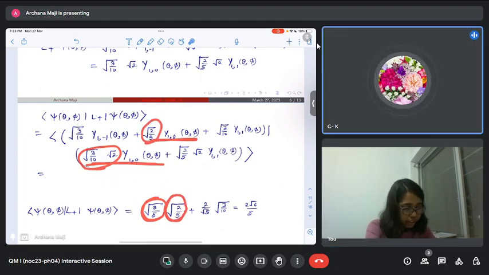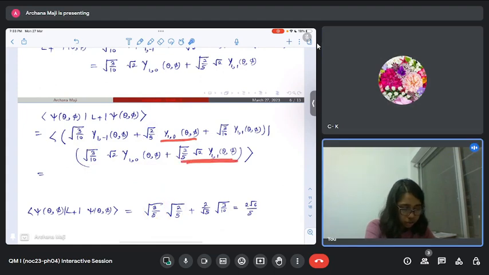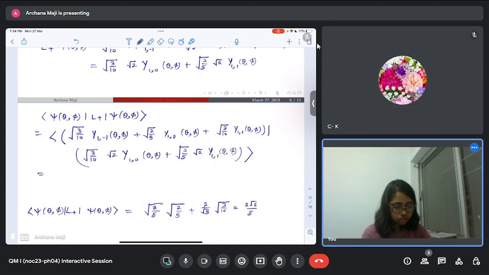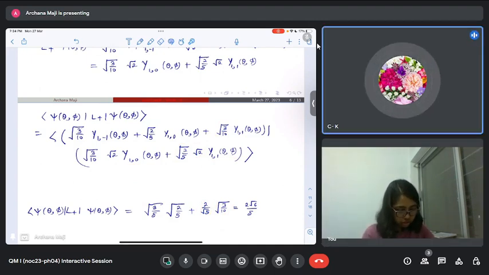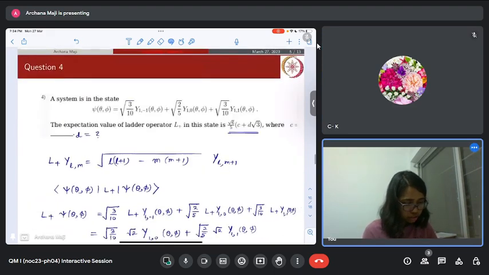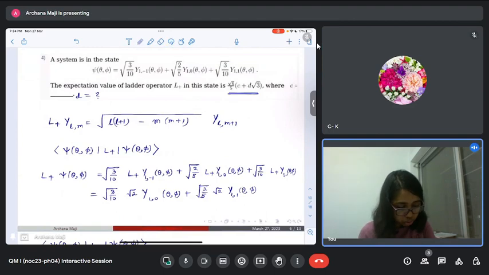And inner product of this with this again 0, and then inner product of this with this 0, but inner product of this with this will give you square root 2 over square root 5 from this coefficient and square root 3 over 10 from that coefficient, and then you get this. I think it's clear now. Good. So now the constant C is 2 and constant D is 0.